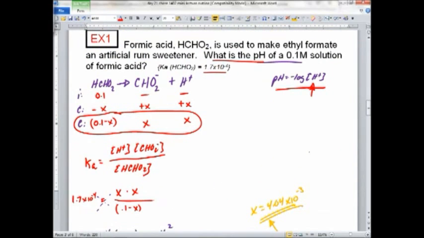They wanted pH. So if they want pH, we have to do what? Plug it in. pH is a negative log of H. And we know our H is just X. Let's take the negative log of it. About 2.39 is what I got for the pH.